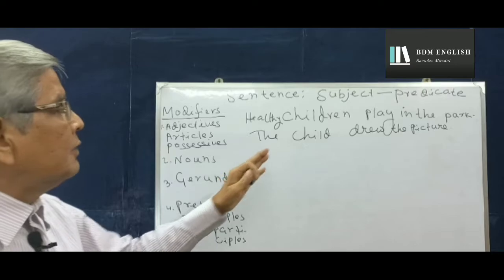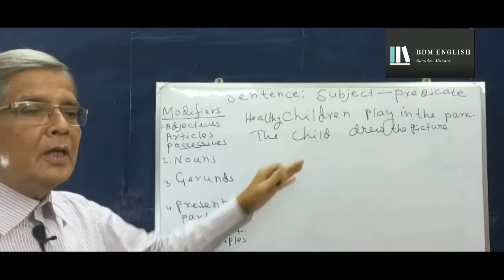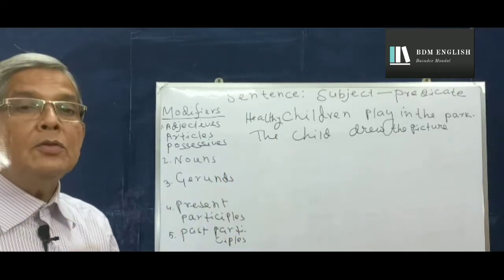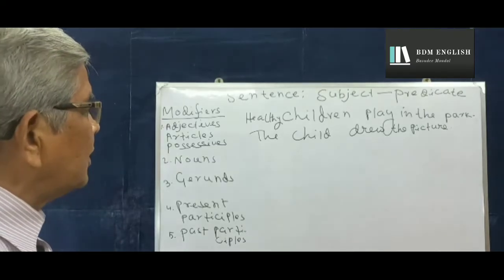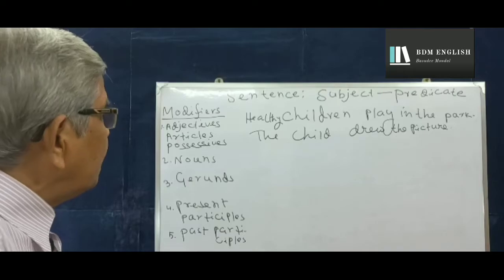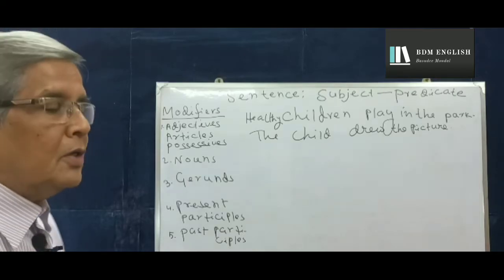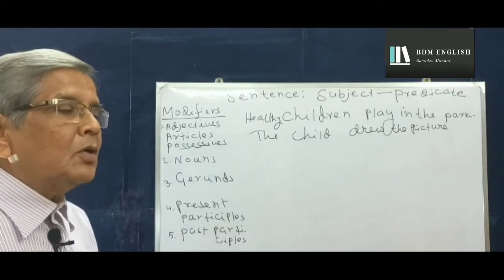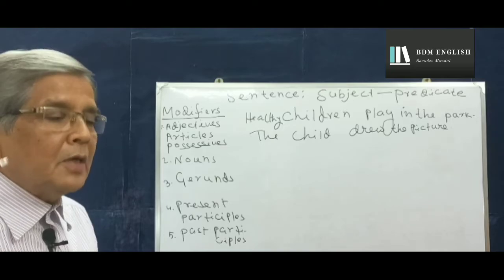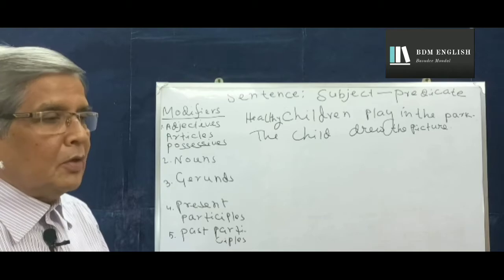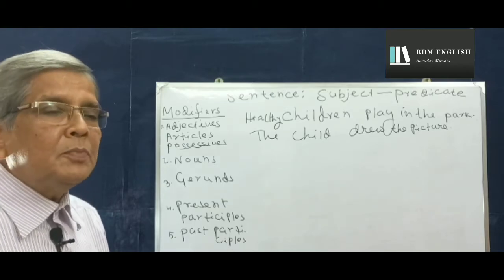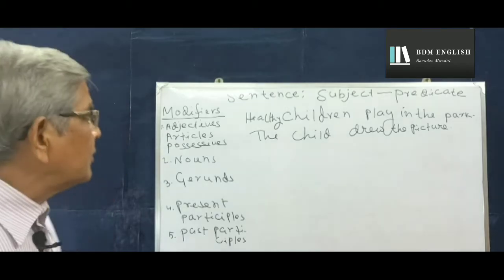Here we refer to a definite child, the child known to the speaker and to the hearer. Otherwise, we could not use the definite article the. If we use an indefinite article a or an, we do not refer to any specific person. A boy means anyone, any boy, unknown to the speaker and to the hearer.